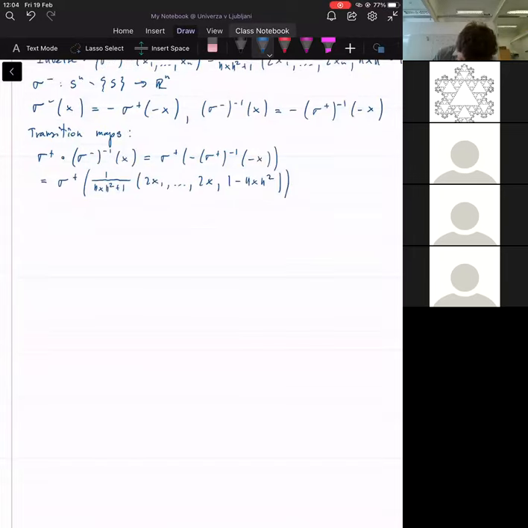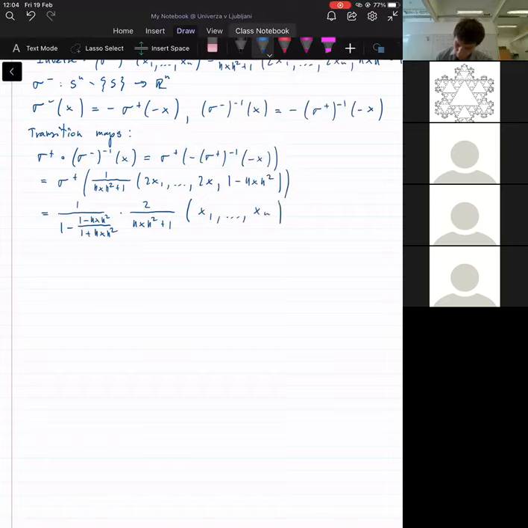And then in the end, what we get is 1 minus norm x squared, 1 plus norm x squared. This is just by using the definitions. I'm not doing anything really here. x squared plus 1 and x1 to xn.